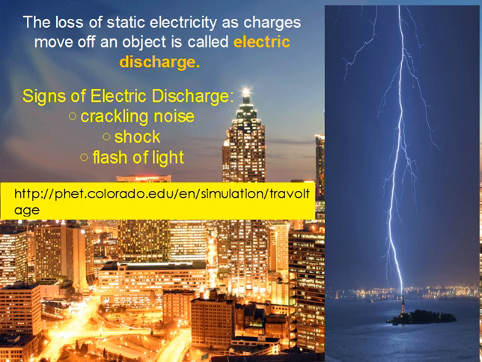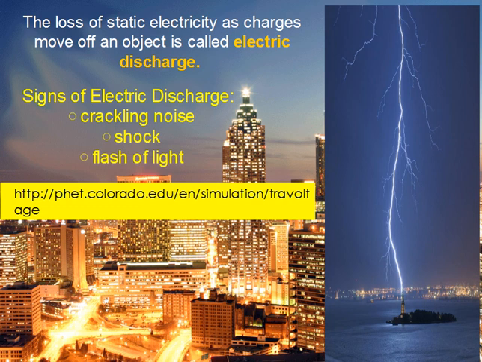So signs of electric discharge is you could have a crackling noise, you could have a shock, like when you get shocked from your door handle or the friend, and you should have a flash of light. Lightning is a perfect example of electric discharge. It's a really big loss of static electricity from the electrons in the cloud to the protons down on Earth.